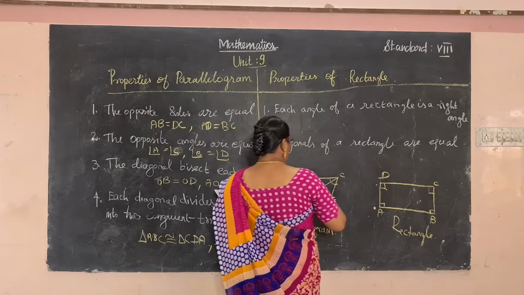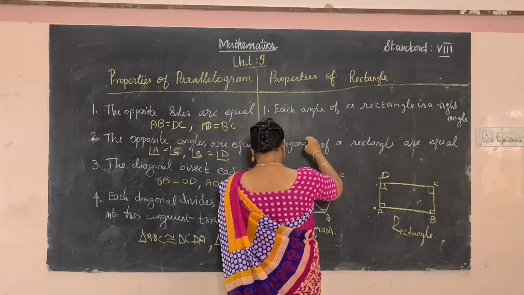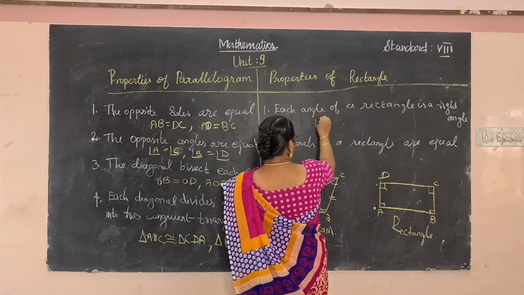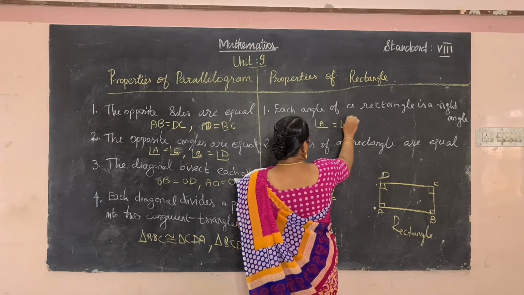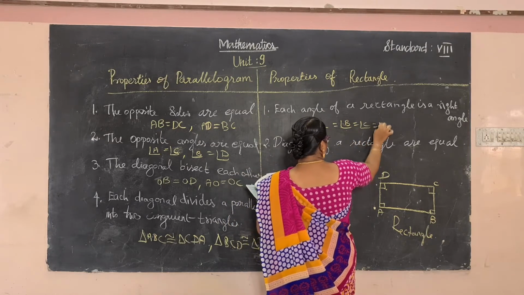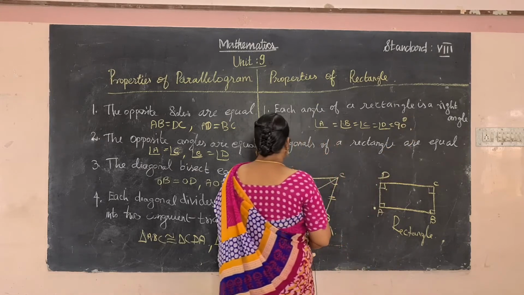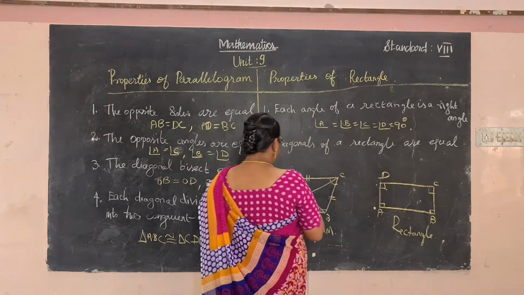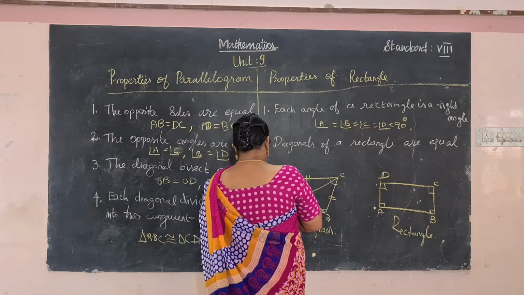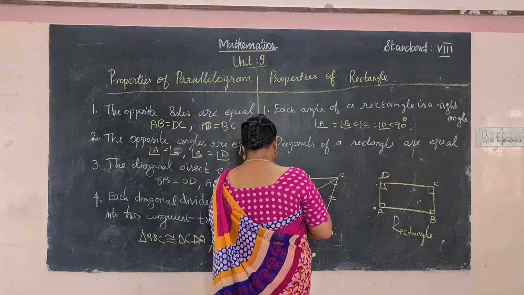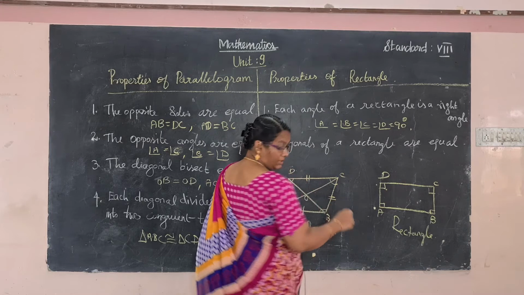So angle A is equal to angle B is equal to angle C is equal to angle D is equal to 90 degrees. And the diagonals of the rectangle are equal.